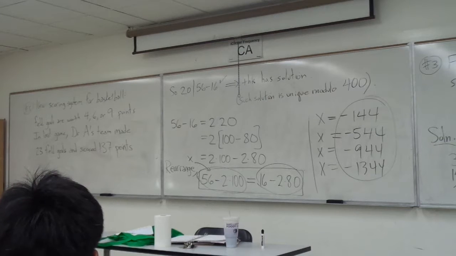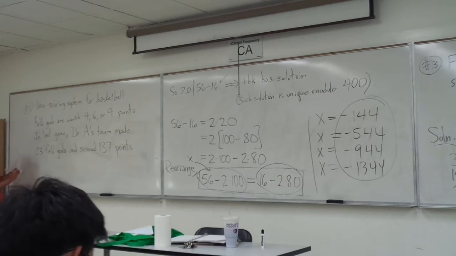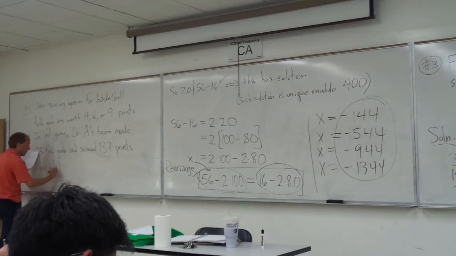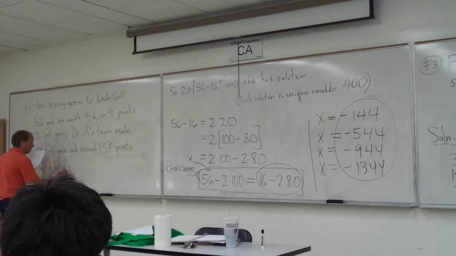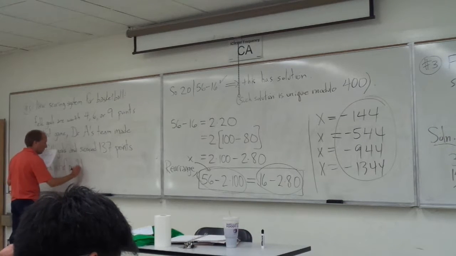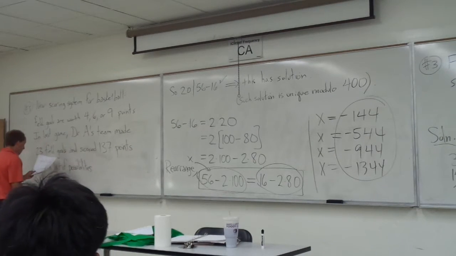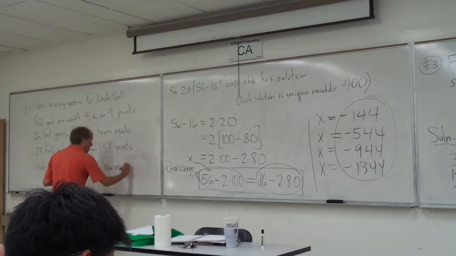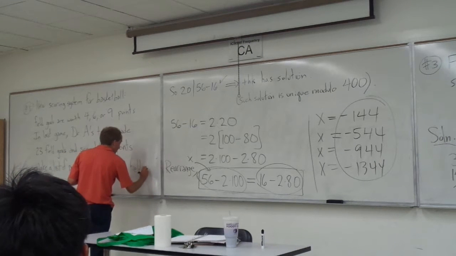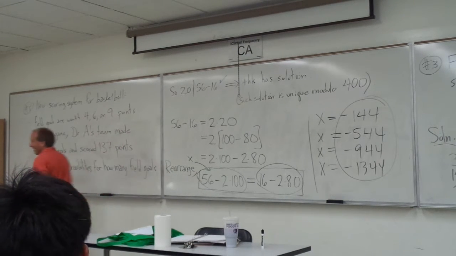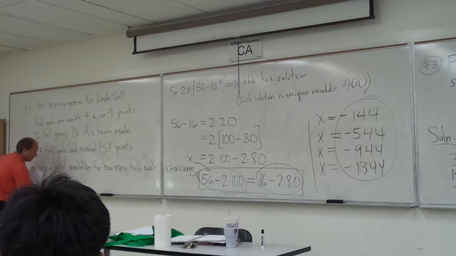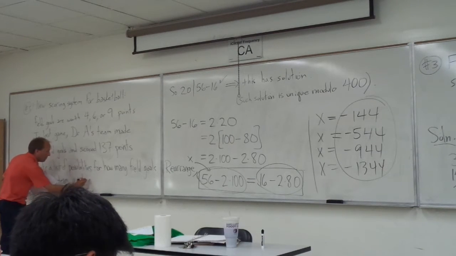Okay, so here's the problem now. So that's the information. And the problem is make a list of possibilities for how many field goals my team made of each type.